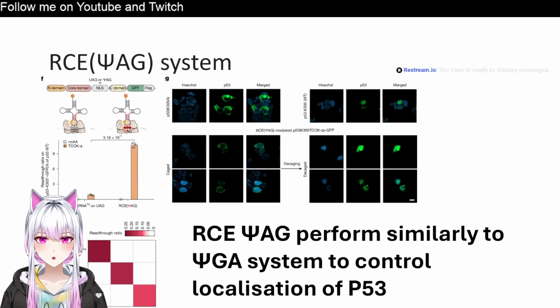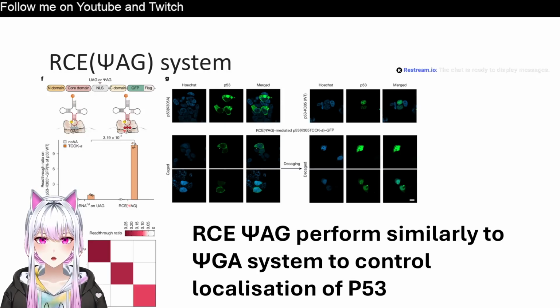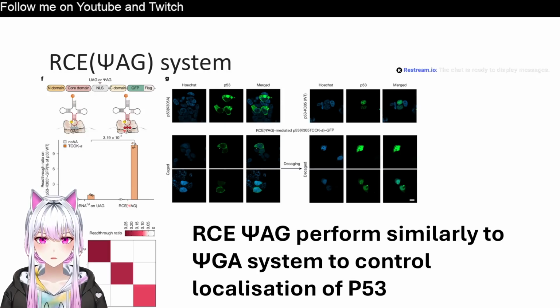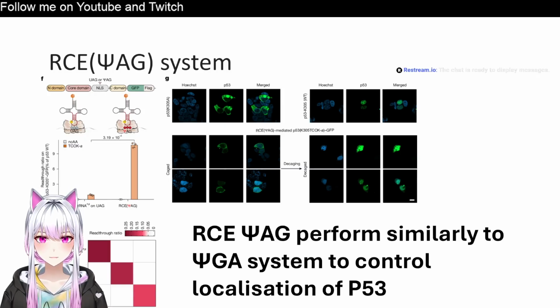Then in further testing with UAG, you can see that you can use this UAG system to actually control how the protein is being localized. Only when it's using UAG, only when the protein is being active inside, can the protein be localized properly into the nucleus.